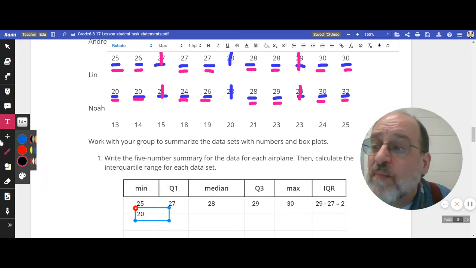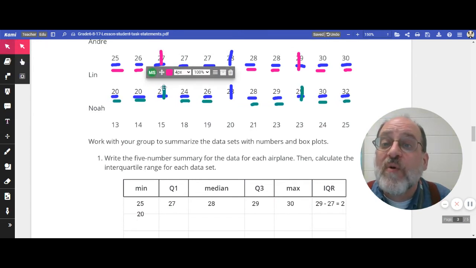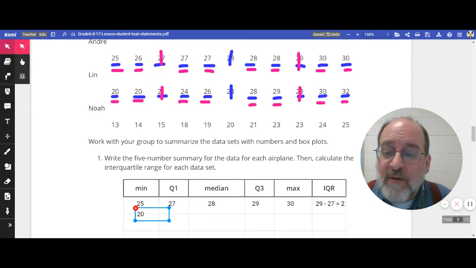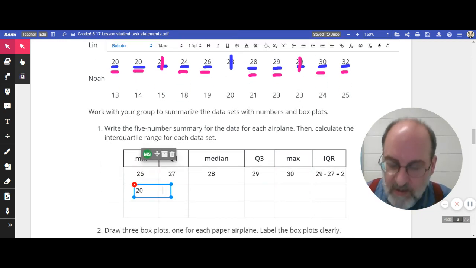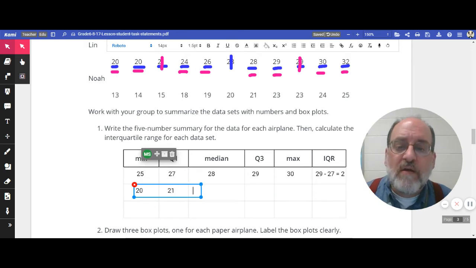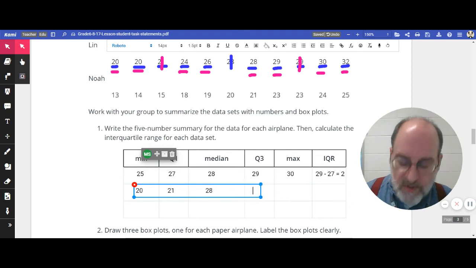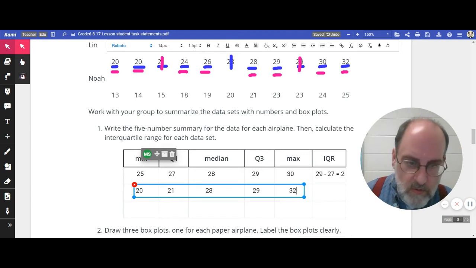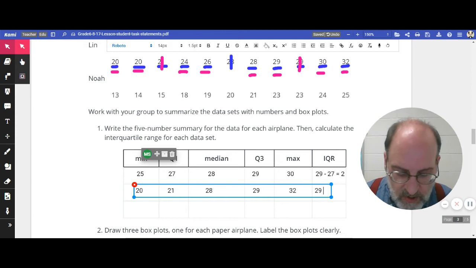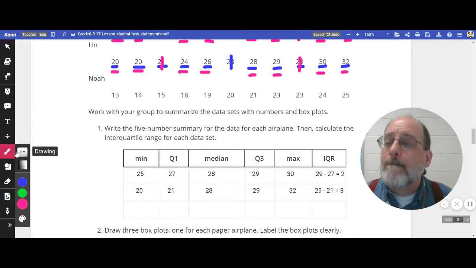First quartile, that's 21. Median was still 28. Third quartile was the same as before, that was 29. The max is 32. And again, when I subtract to find the IQR, I've got 29 minus 21 equals 8.